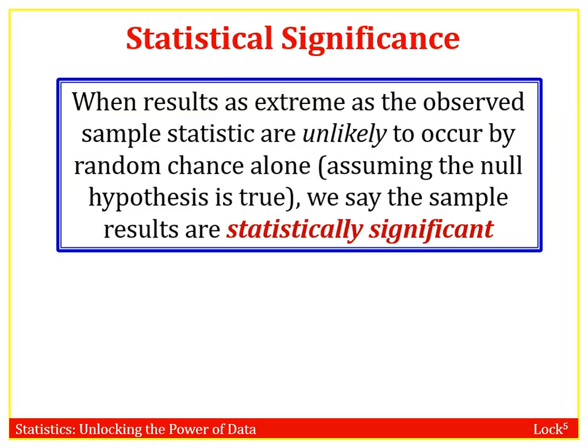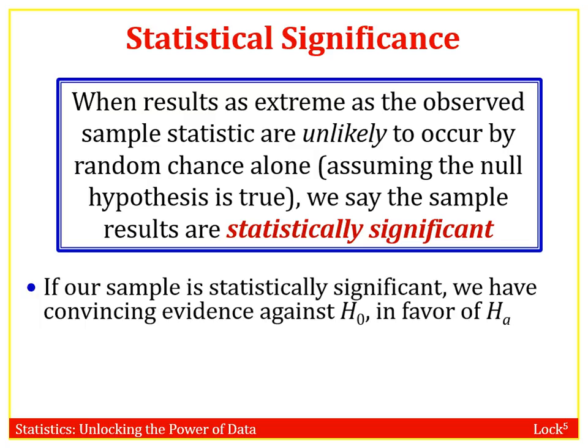So if the probability of getting our results, which we'll be getting to is our p-value, assuming the null hypothesis is true, is a small probability, then we say it's statistically significant. It's likely that our null hypothesis is false.